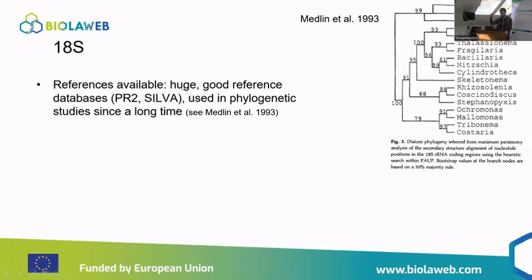So it's quite old, 30 years. You can see here in one of her first papers the phylogeny, which was established based on 18S. Over 30 years, the number of references for diatoms improved year after year. So, good point.